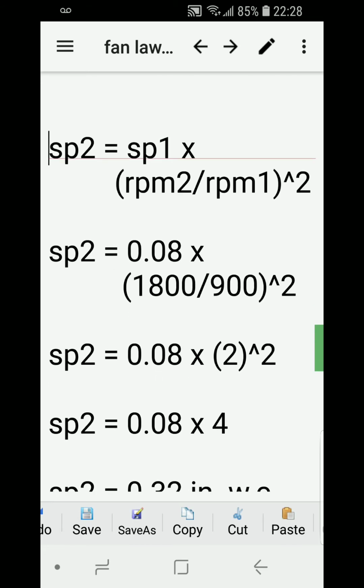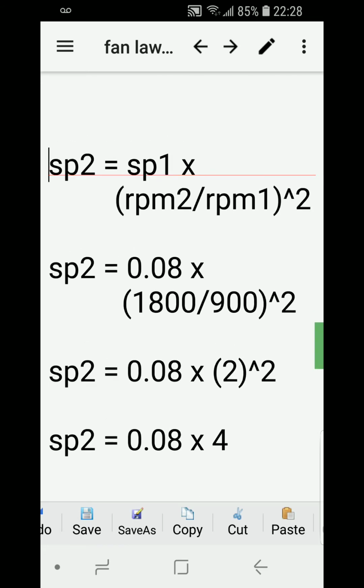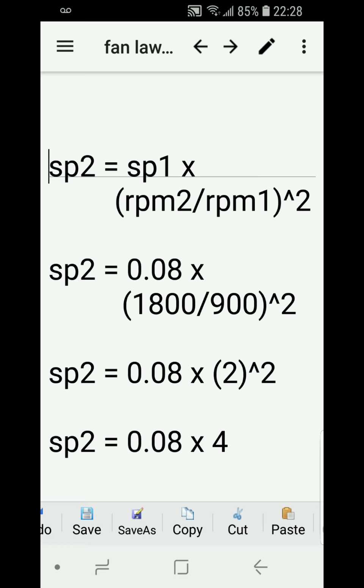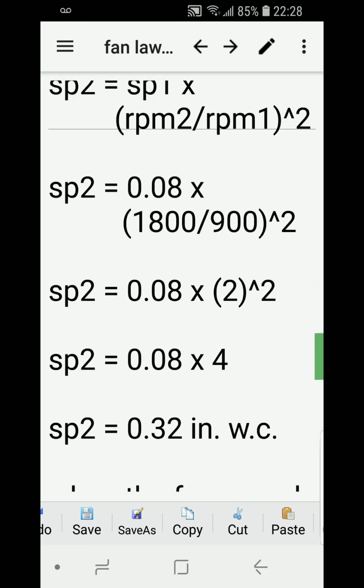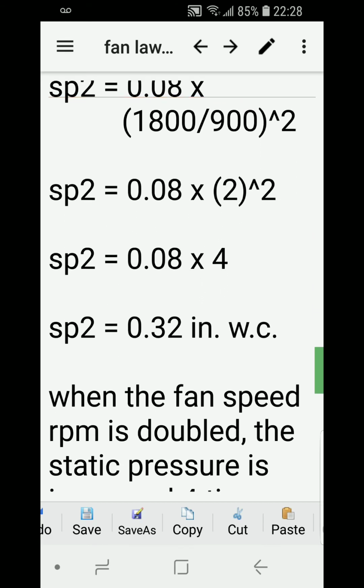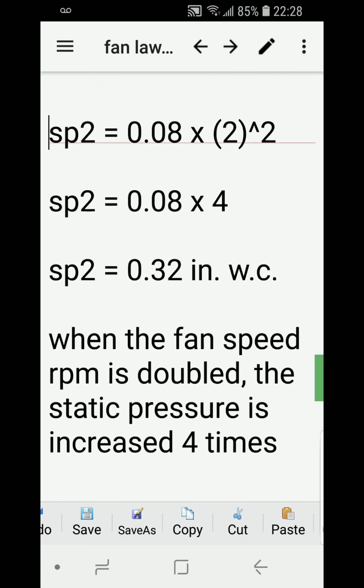So we got static pressure 2 is equal to 0.08 times 2 squared, which is equal to 0.08 times 4. Static pressure 2 is equal to 0.32 inch water column.